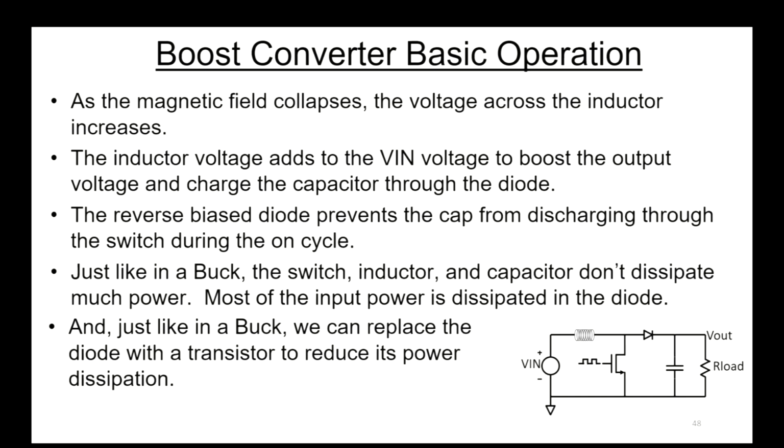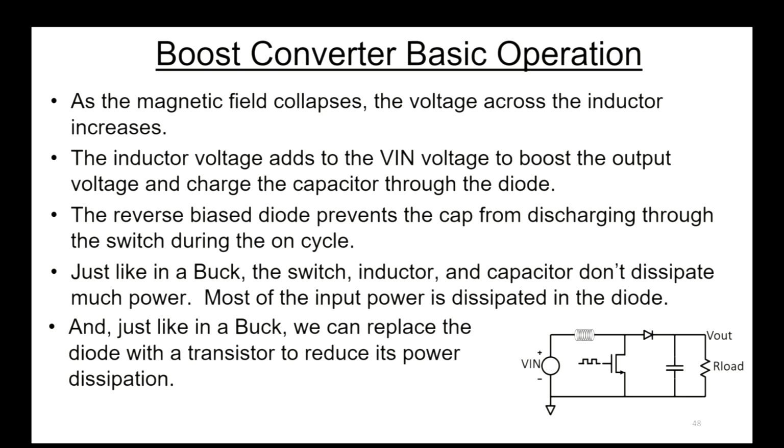And that voltage is added to the Vin voltage, and that shows up on the output voltage. This is the output voltage cap through this inductor, through this diode. So that reverse bias diode prevents this cap from discharging during the on cycle when the switch is on.